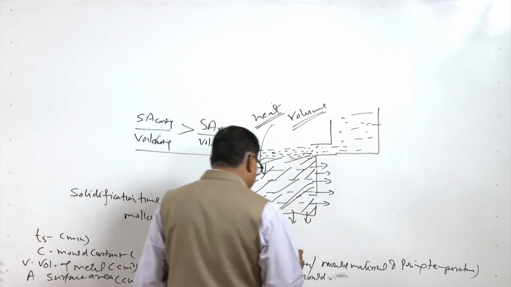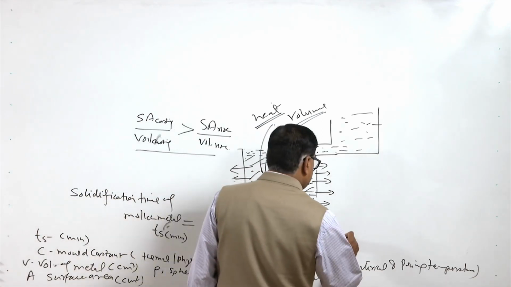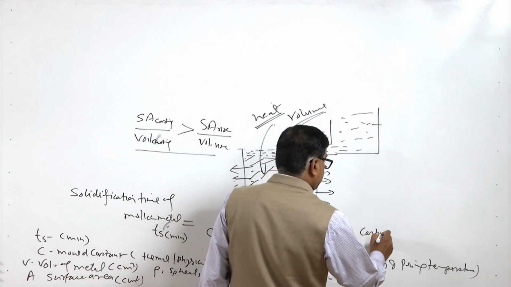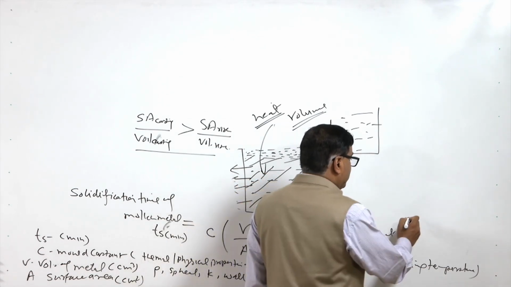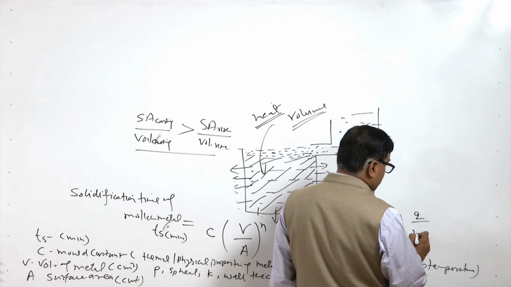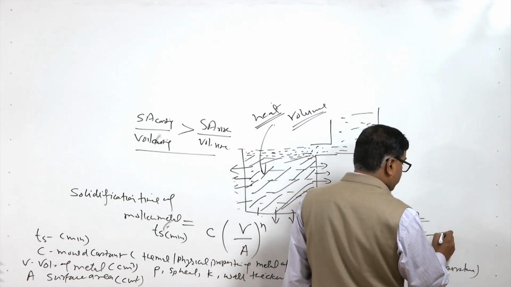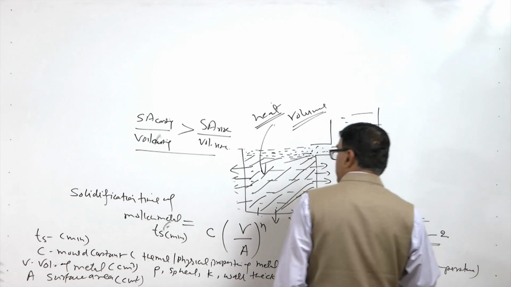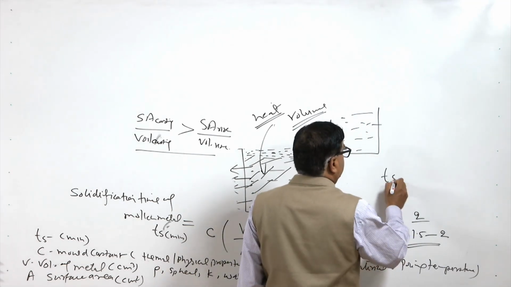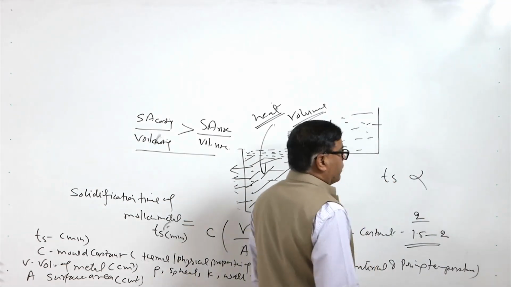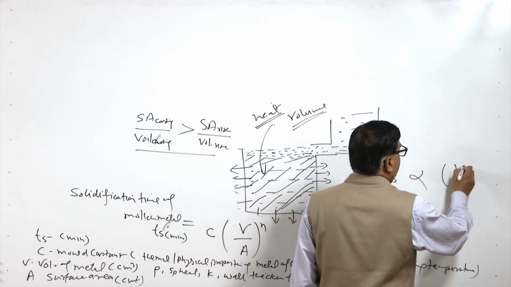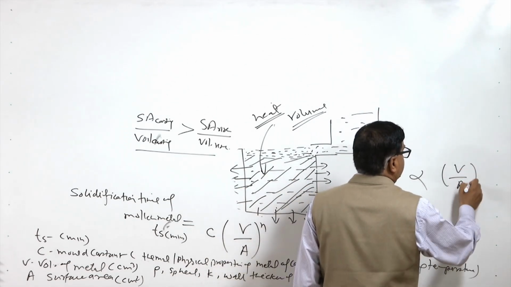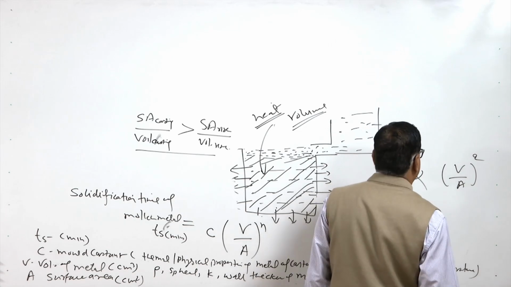And the value of n is also a constant, whose value is normally written as 2, but it is found in the range of 1.5 to 2. So, normally the solidification time is proportional to the square of the volume to surface area ratio.